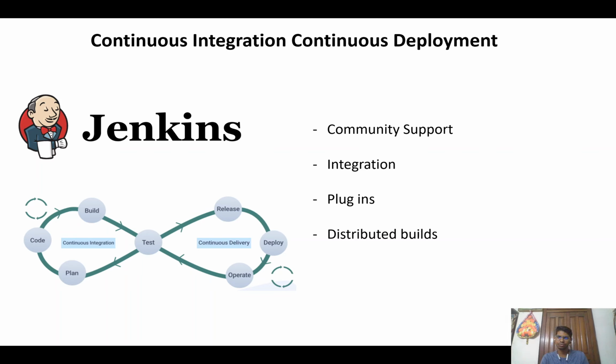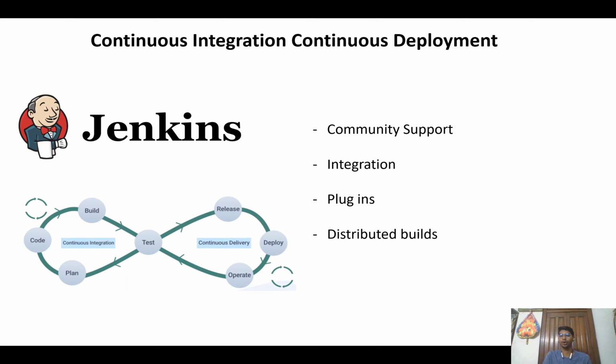Now we understand the continuous integration part. There is one another thing, the continuous delivery or deployment part. What is that? In this approach of continuous integration and continuous delivery, in the CD approach, we deploy the application to the servers. CI is to take the code from developers, and CD is to deploy the code to the servers.